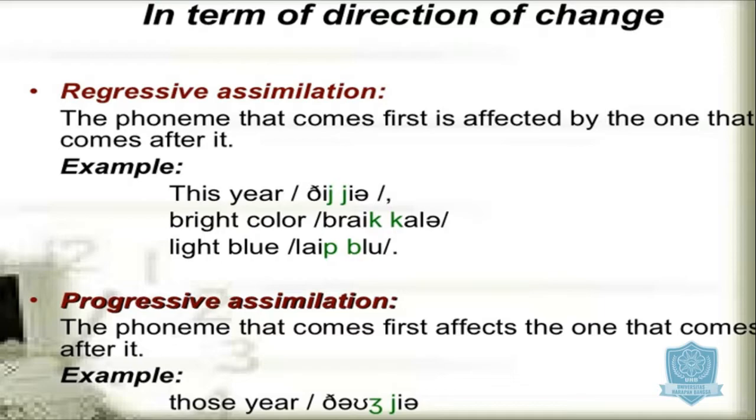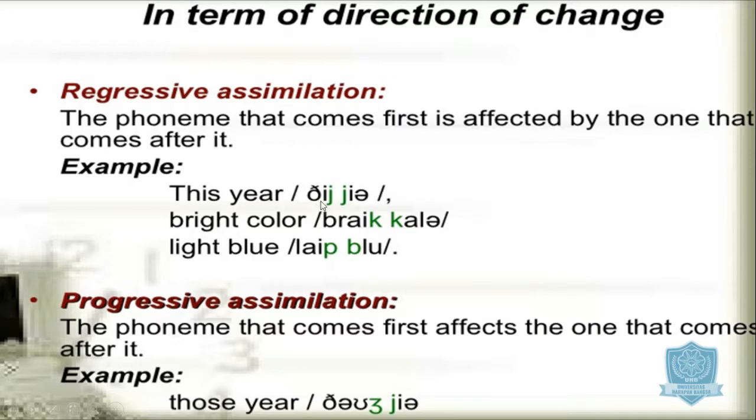Regressive assimilation means that the phoneme that comes first is affected by the one that comes after it. Here, as examples, are this year, bright color, light blue. Because these words occur together, the pronunciation is a little bit different.